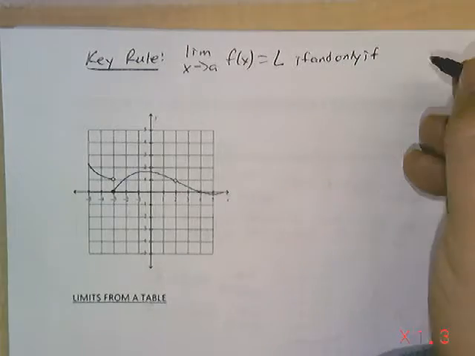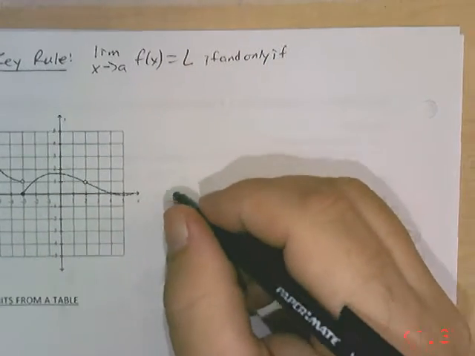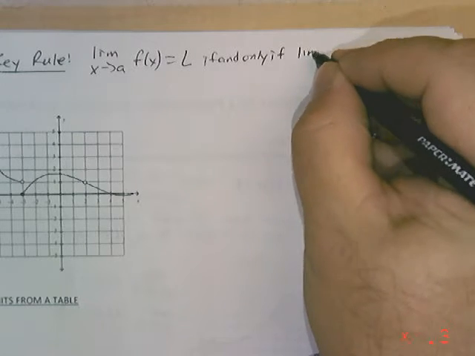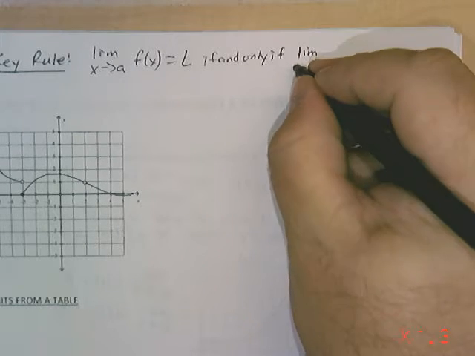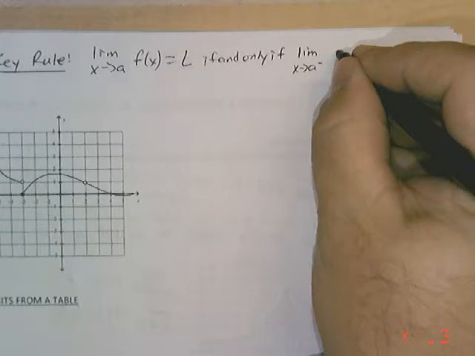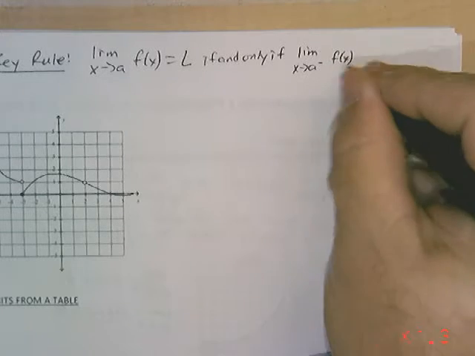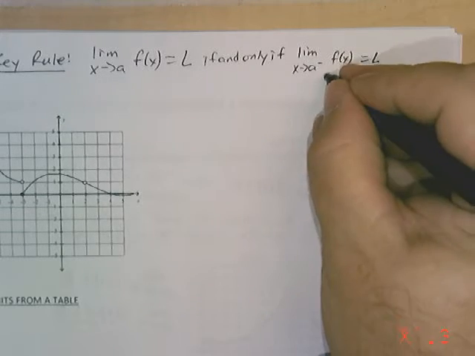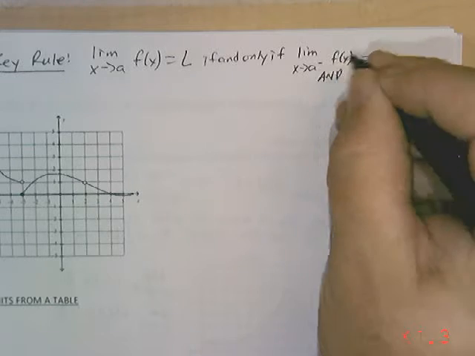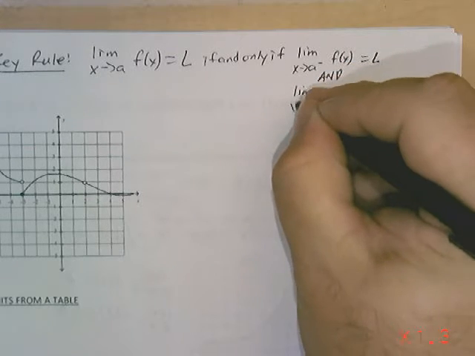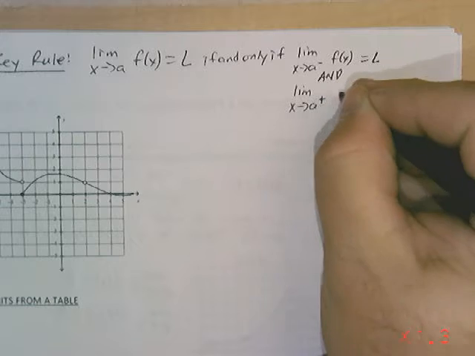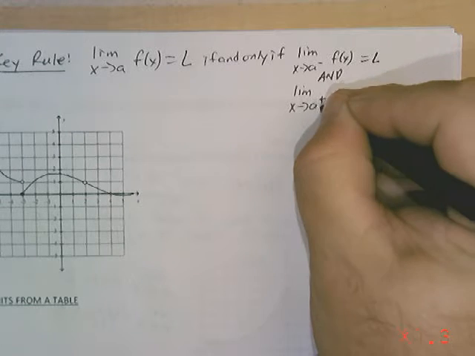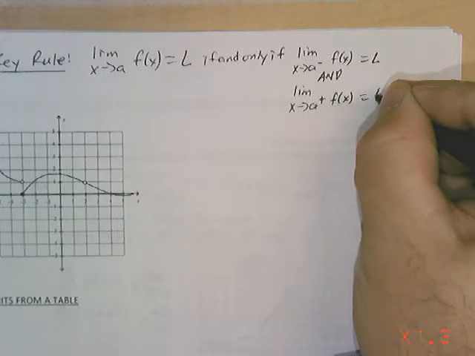So what this tells us is that the limit as x approaches -3 of g of x does not exist. It does not exist because, although the limits from the left and from the right do exist, they are not the same.